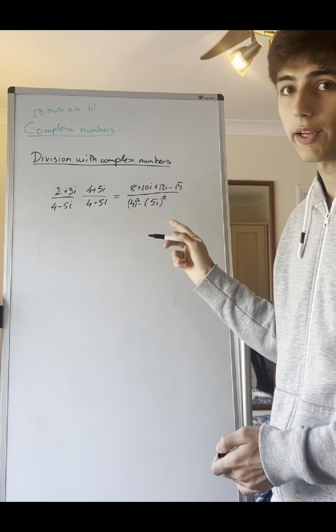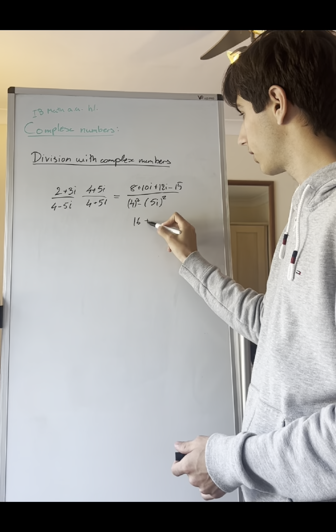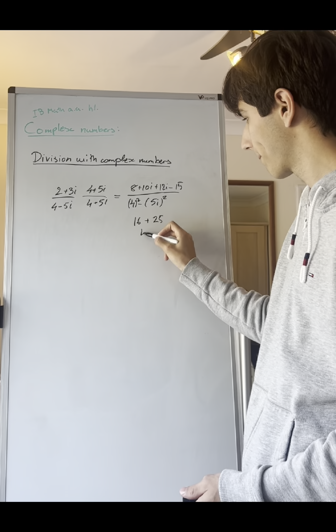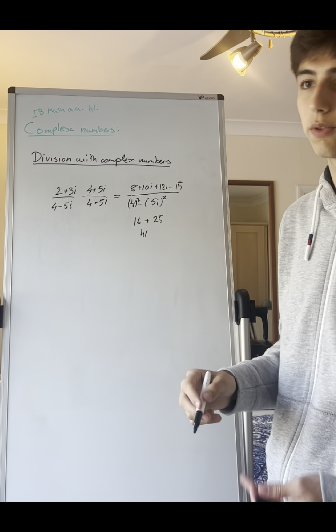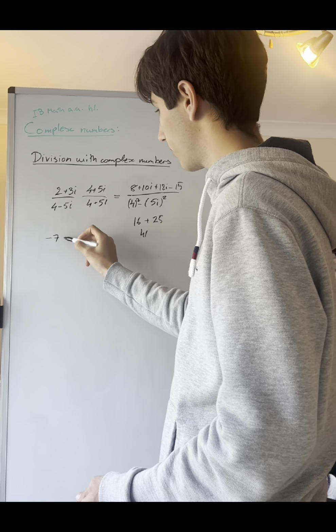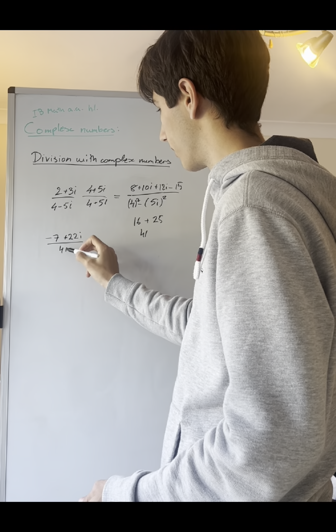Okay, so i squared again is negative 1, so what we're going to get in the denominator is 16 plus 25, which is 41. And 8 minus 15 of course is negative 7, so we can rewrite this as negative 7 plus 22i divided by 41.